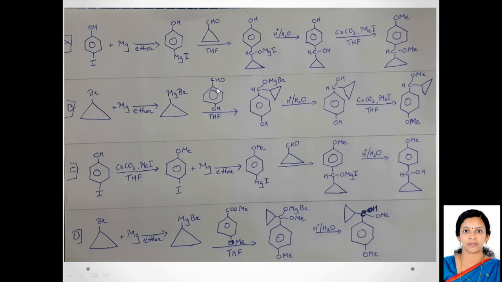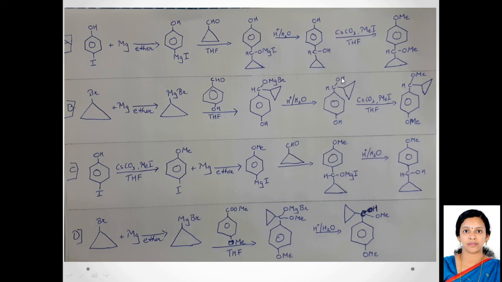Now when you react, again you will have an insertion. You'll see there's a carbonyl group here which will react with the C-Mg bond. The MgBr will attack the oxygen, you'll get an OMgBr, and this cyclopropyl group will go on to this carbon here. So you will end up with a product here which on hydrolysis the O-Mg bond will hydrolyze to give you an OH.